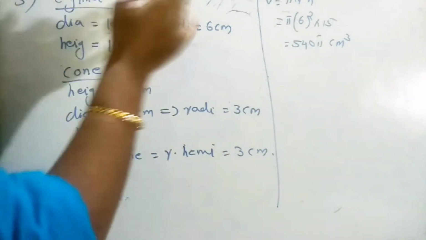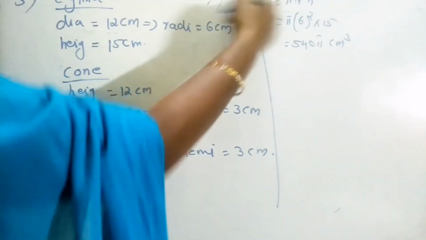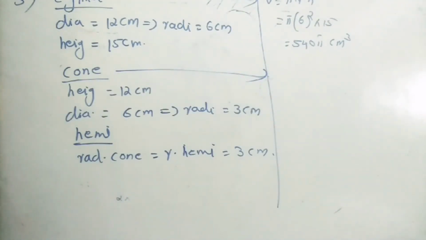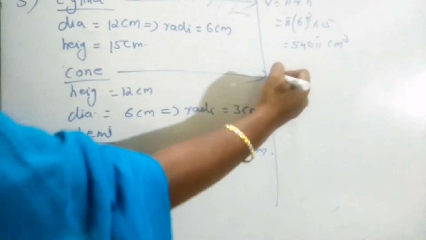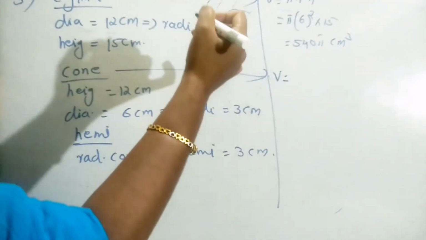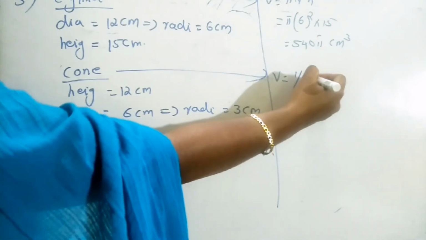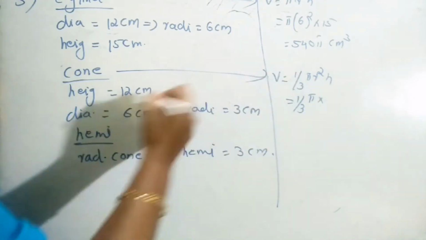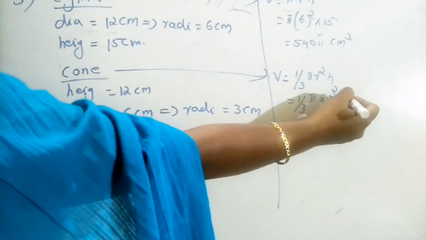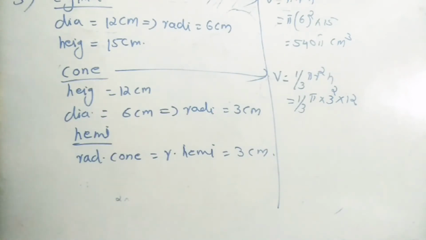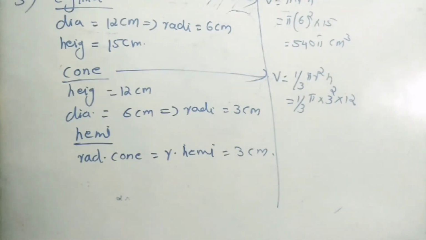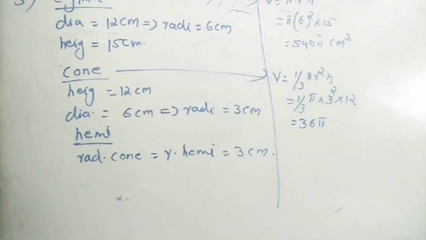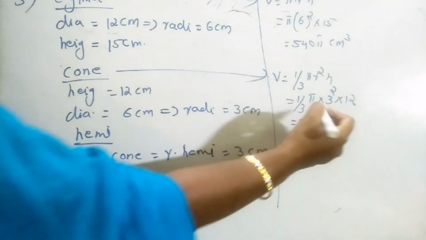Now we find the volume of the cone. The volume of the cone is 1 by 3 pi r square h, which is 1 by 3 pi into 3 square into 12. That is equal to 36 pi centimeter cube.